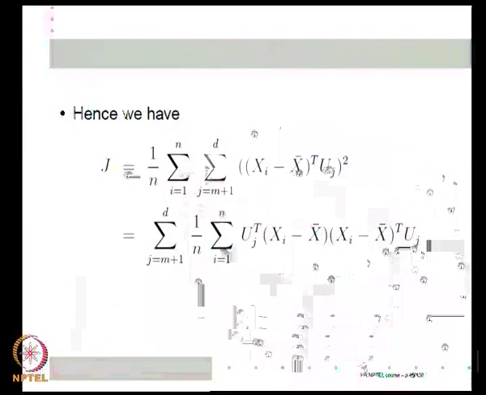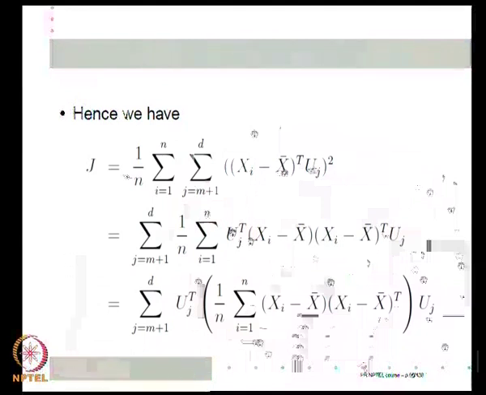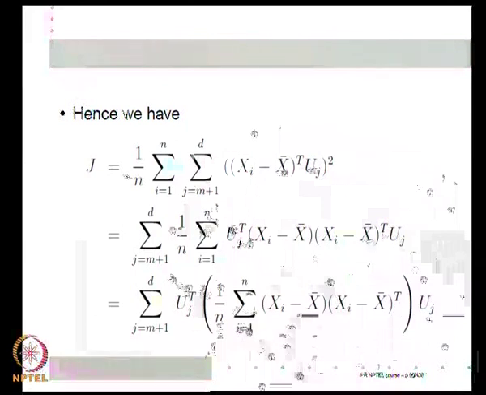Now, I can work it out that because these uj's do not depend on i, the uj transpose can come out of the i summation, and this uj can also be outside the i summation. So, I can write that as summation j is equal to m plus 1 to d of uj transpose times 1 by n summation i is equal to 1 to n of xi minus x bar into xi minus x bar transpose, times uj.